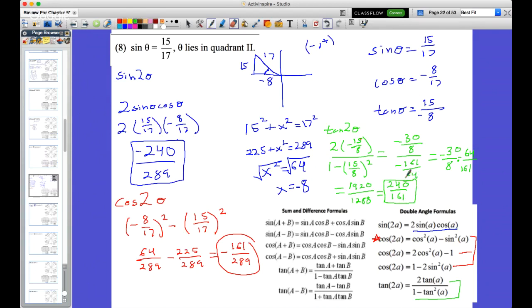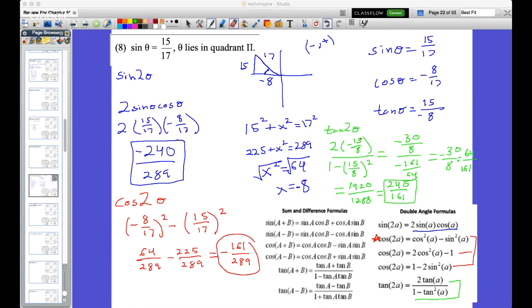Now, let me show you the shortcut on this calculator. With the calculator here, we found those values beforehand, so we found the 240 over 161, all that. I want us to plug this equation right here into our calculator.